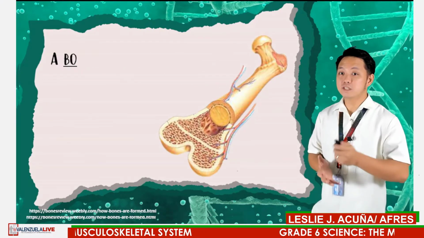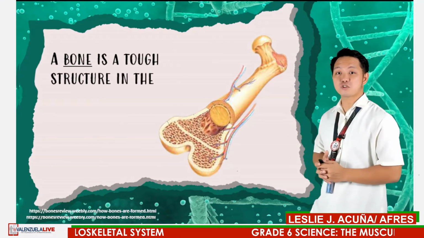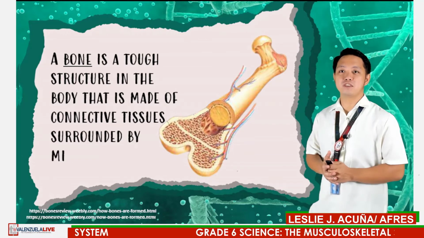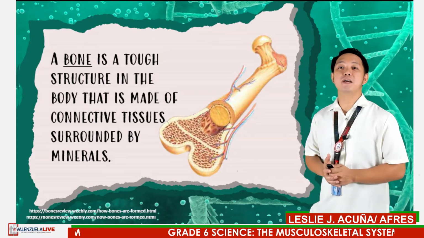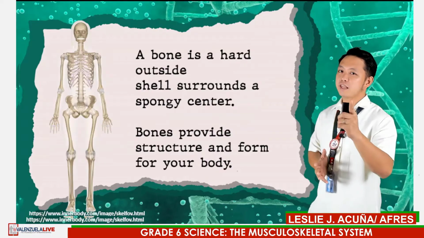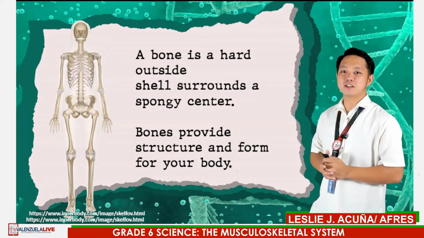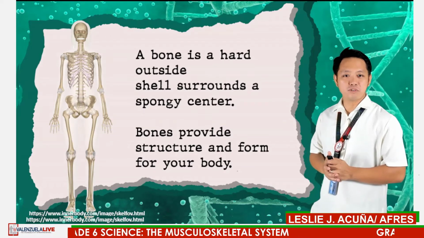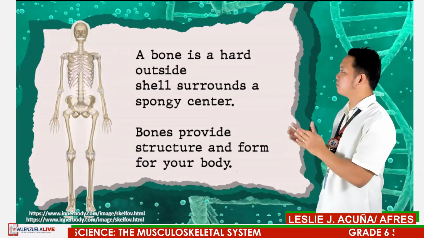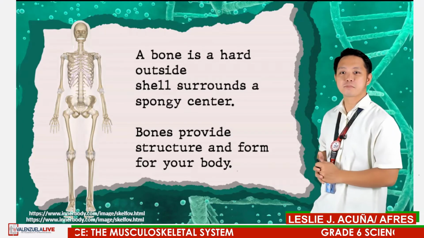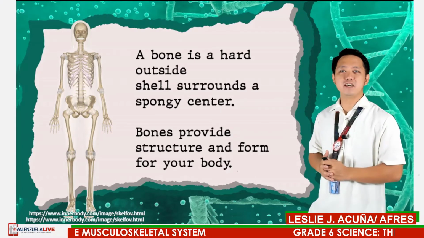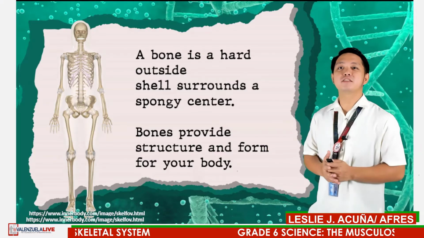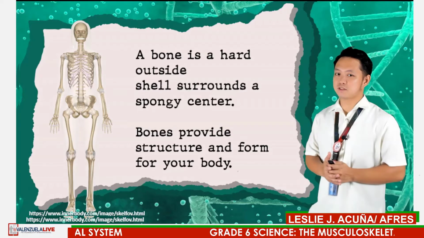A bone is a tough structure in the body that is made up of connective tissues surrounded by minerals. The human skeleton consists of 206 bones that provide the framework of the body. The bones support and give shape to the body. Without them, the body will collapse.